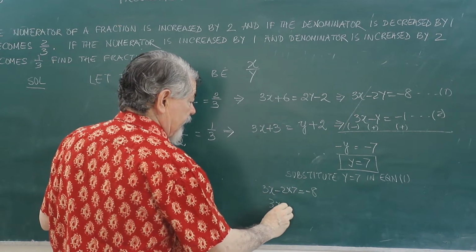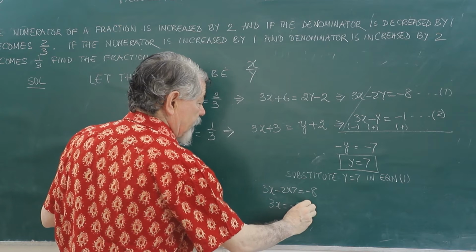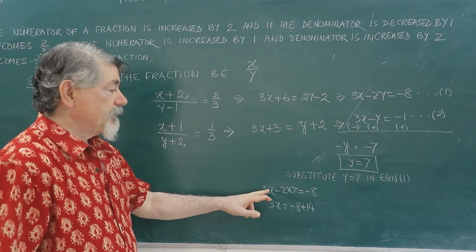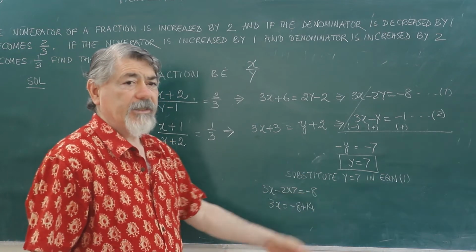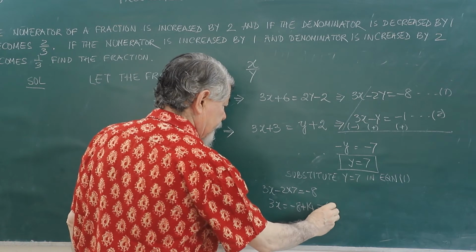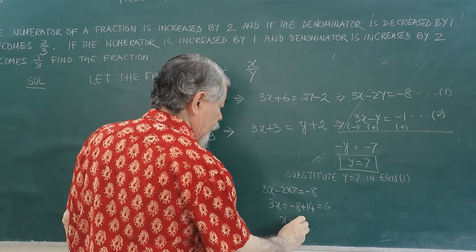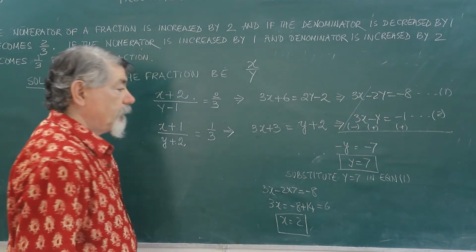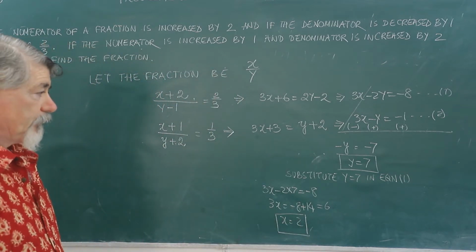Or 3x will be equal to minus 8 plus 14, because 2 sevens are 14. This is minus here. If I shift to that side, it will become plus 14. 14 minus 8 will be 6, or x will come out to be 2. So x is 2 and y is 7.